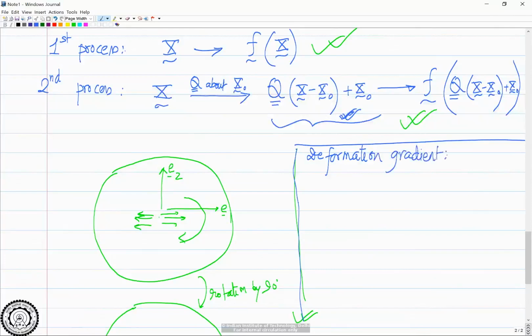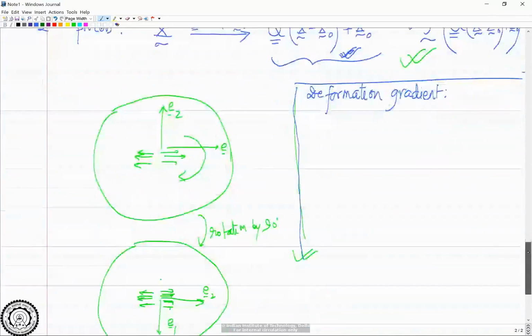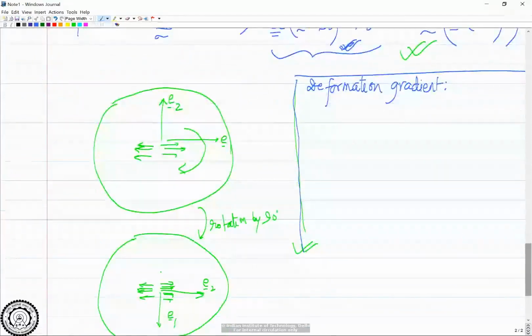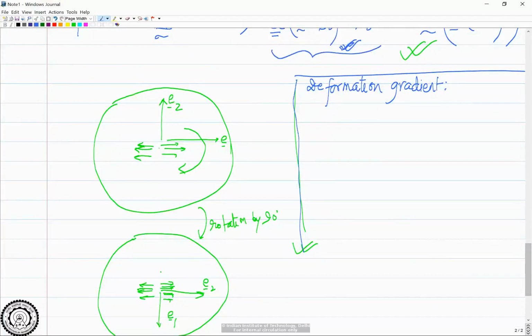Hello, sir. Yes, hi Niranjana. Sir, so you're saying that if it is isotropic, in both the cases, we are able to get the same configuration or the same response? No, I meant the response will be the same at that point. The overall configuration of the body is obviously not the same, right?